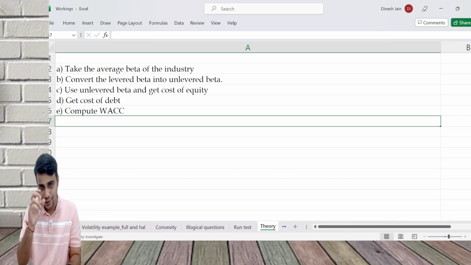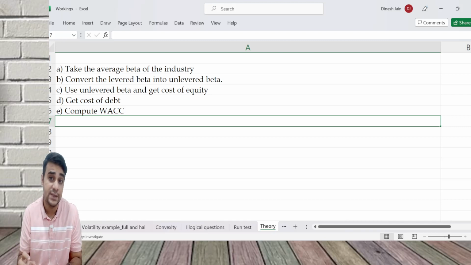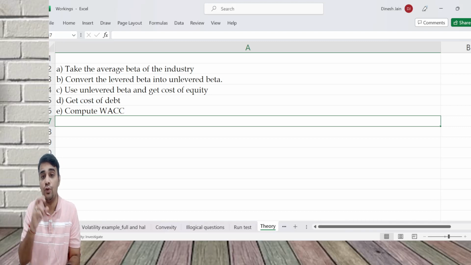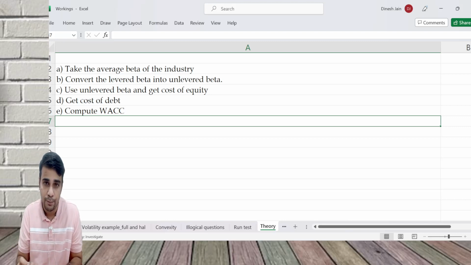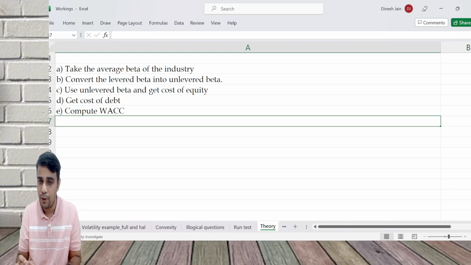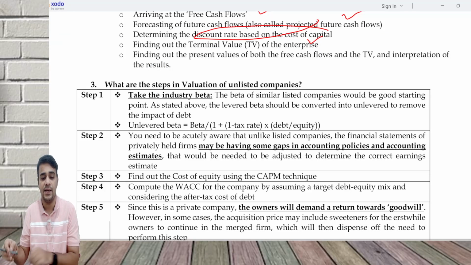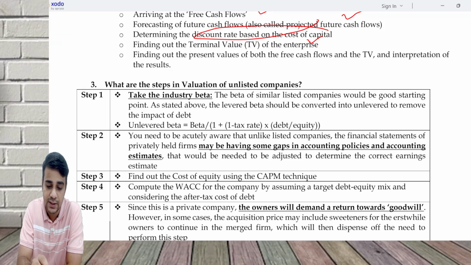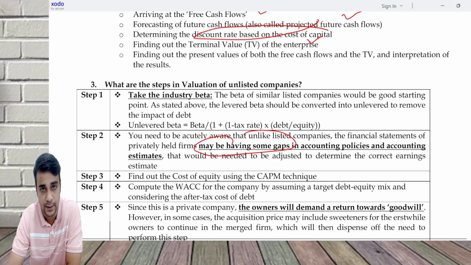Apart from this, because it's an unlisted company, the financial statements may need certain adjustments because maybe the accounting policies are not properly followed.